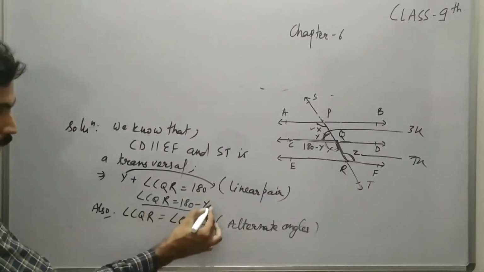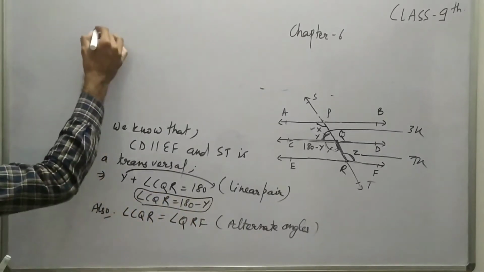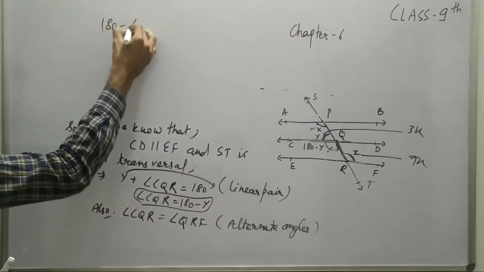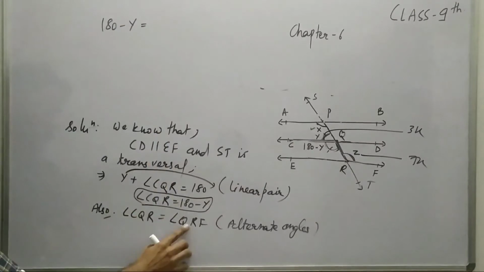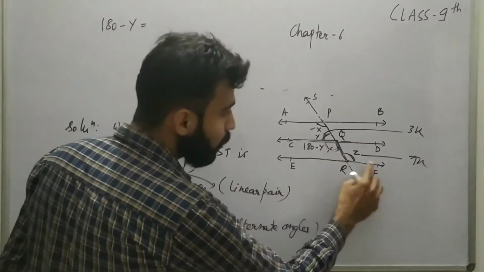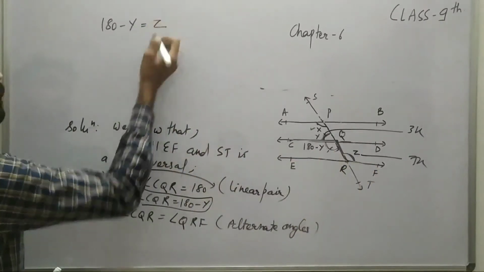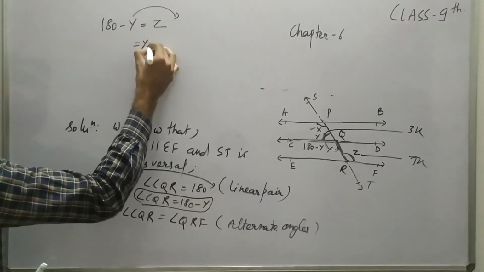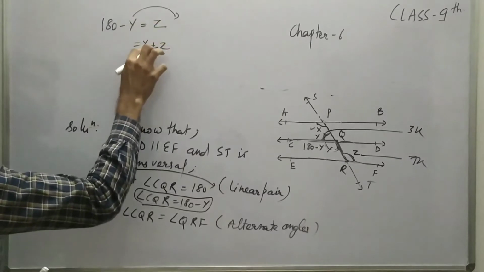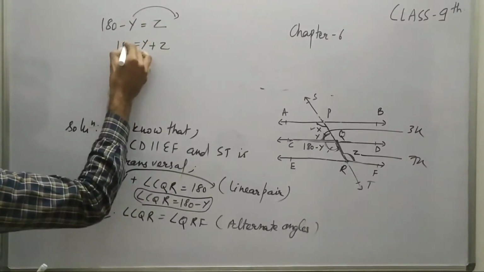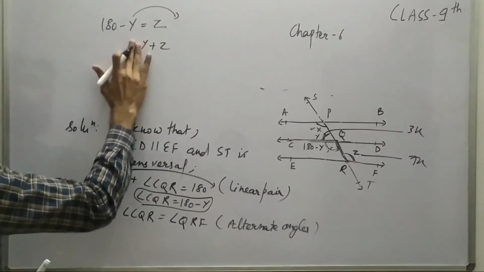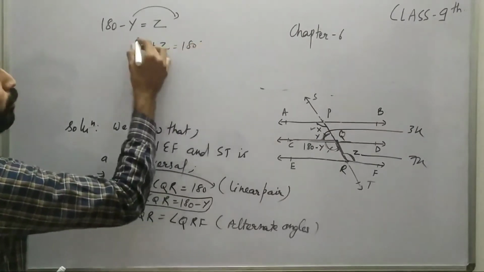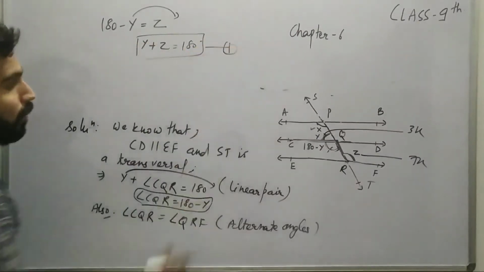CQR is 180 minus Y, so 180 minus Y is equal to angle QRF, which is angle Z. So transfer this Y onto the right hand side. Minus Y will become plus Y, and Z is already there. So Y plus Z is equal to 180. This is the first equation that we have derived.